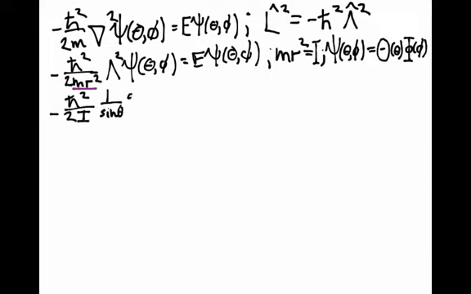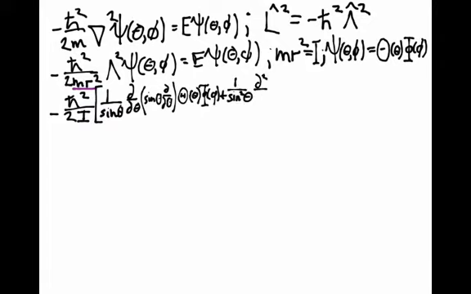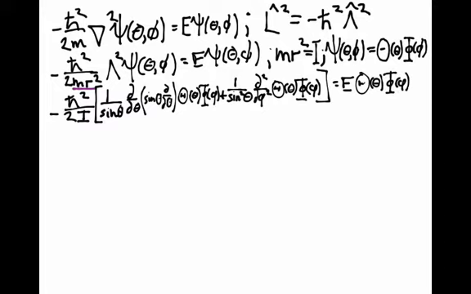So now we get the Schrodinger equation: minus h bar squared over twice the moment of inertia, 1 over sine theta d by d theta of sine theta d by d theta, chugging away on the wave function big theta big phi, plus 1 over sine squared theta d squared by d phi squared, munching on big theta times big phi, is equal to the total energy times big theta and big phi.